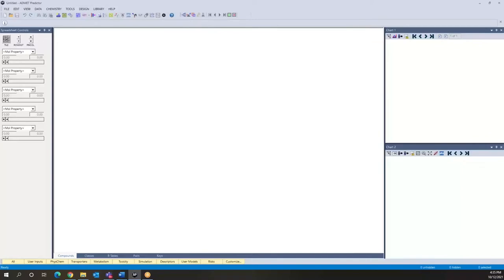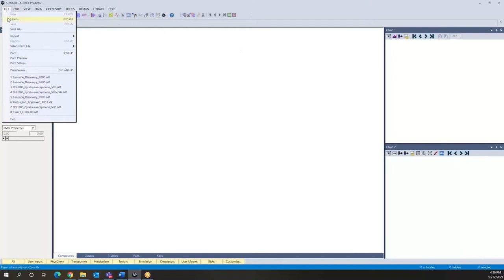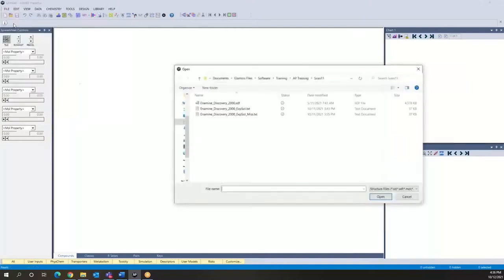Now we're going to load a subset of compounds. It's actually a subset of the Enamine diversity set, of which I think the complete set has slightly over 10,000 compounds.